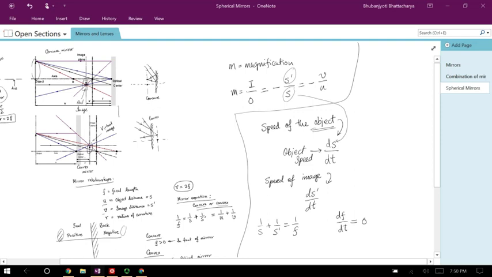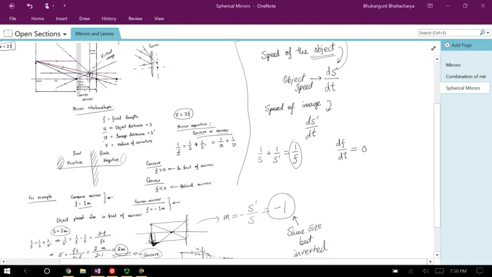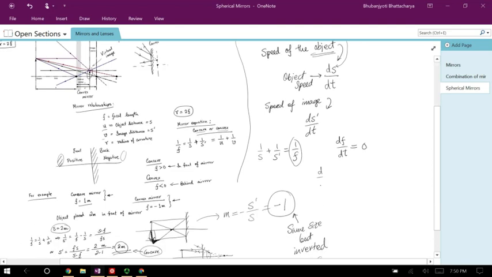Okay, so since df/dt is 0, we can use that to our advantage, because if df/dt is 0, 1/f is also not changing. So that means that the time derivative d/dt of (1/s + 1/s') is equal to 0. So let's take a derivative: d/dt of 1/s plus d/dt of 1/s' is equal to 0.